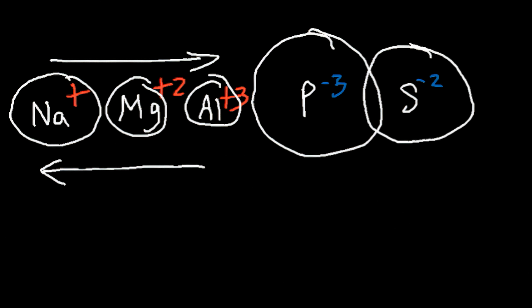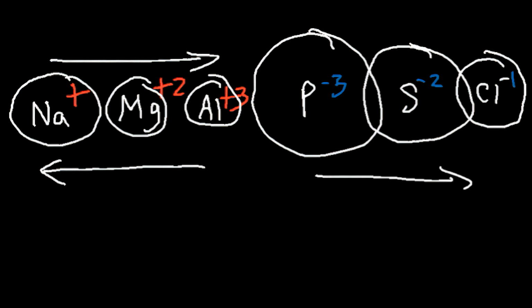And then the chloride ion, let me see if I could fit it here, is even smaller than the sulfide ion. So the size generally decreases as you go from left to right. But if you're comparing a negatively charged ion with a positively charged ion, generally speaking, the negatively charged ion will be bigger than the positively charged ion.